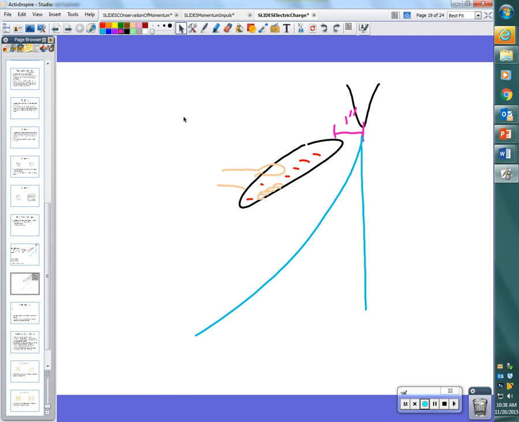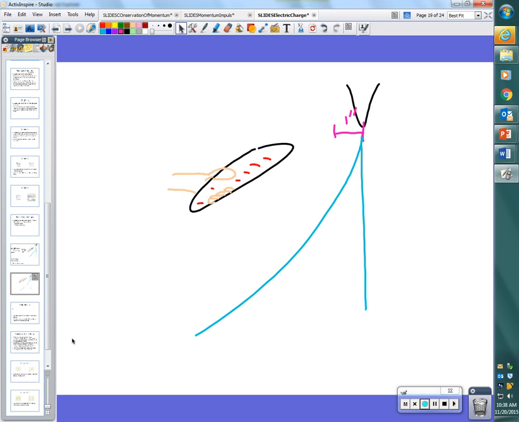If we move it this far, now we're 2 inches away, it's not going to bend half as much.